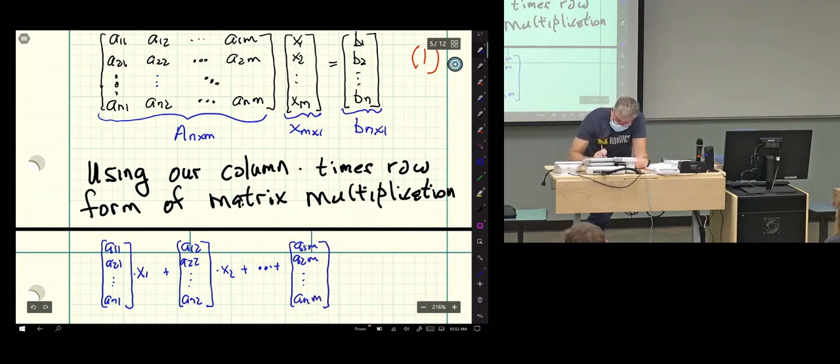Wow, that's pretty ugly. Any better? A little bit. Times xm is equal to B1, B2, dot, dot, dot, Bn.